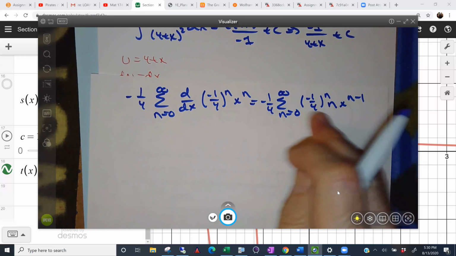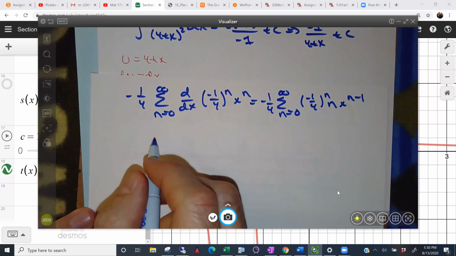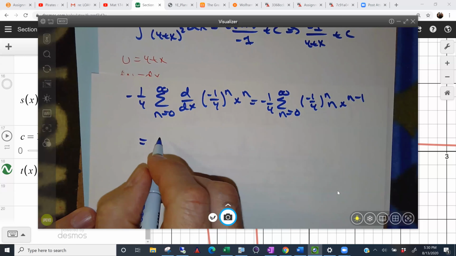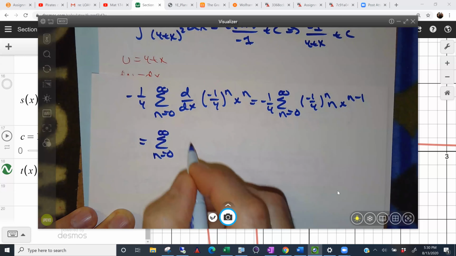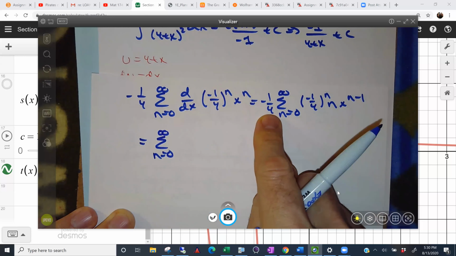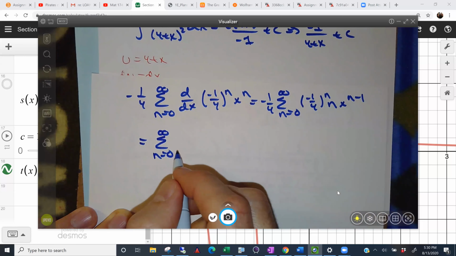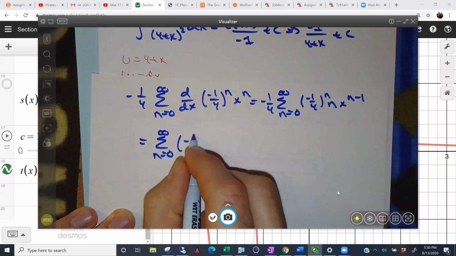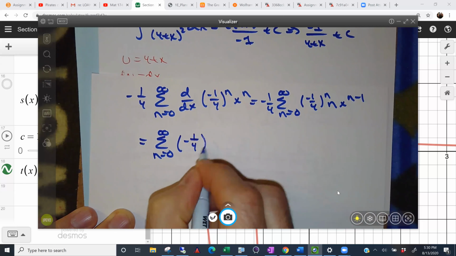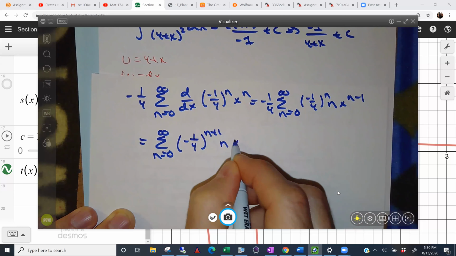So we can put that back in here and play around with it a little bit and eventually end up with the sum from n equals 0 to infinity. Like I said, I'm going to bring this back in. That's going to increase this exponent by 1, of negative 1/4 to the n plus 1, n times x to the n minus 1.